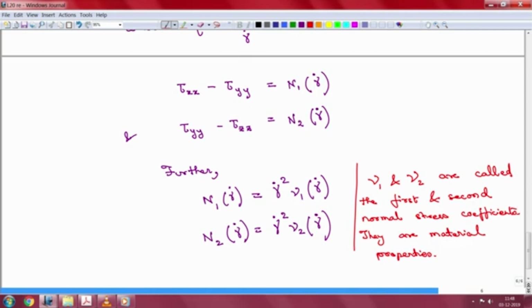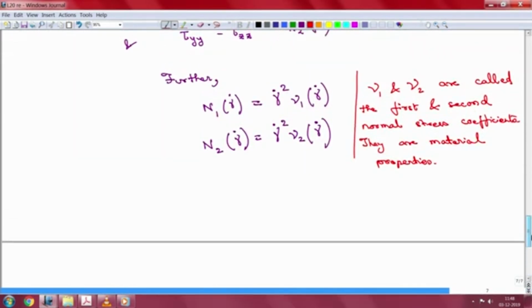Now, the reason we are discussing these normal stress differences is because this is one way in which complex fluids or viscoelastic fluids start to differ from the Newtonian fluids. This leads to very interesting effects, and hence they have to be accounted for.